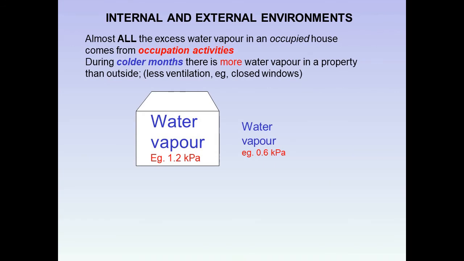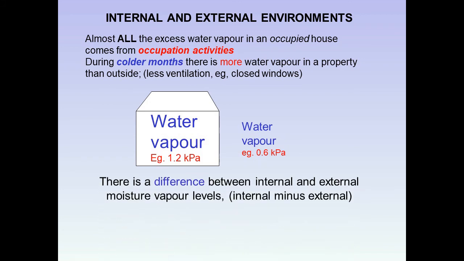Again, considering internal and external environments, as mentioned earlier, almost all the excess water vapour in an occupied building comes from occupation activities. And during the colder months, there is inevitably more water vapour in a property than outside. There's less ventilation. Windows are closed, doors are closed, and so on.